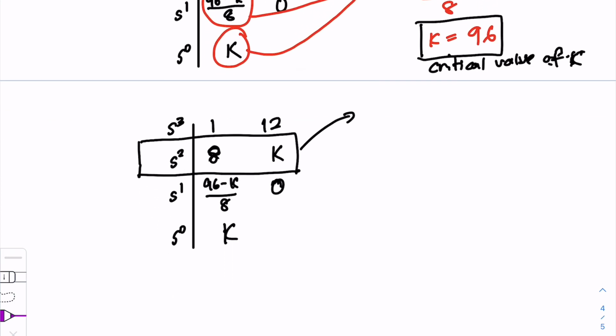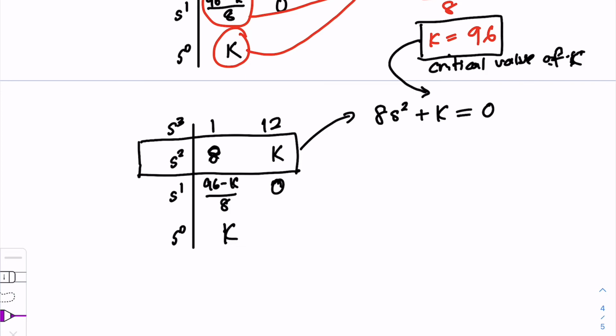I'm going to replace it in this S squared part. So in this S squared row, I can write it as 8S squared plus K, because the coefficient of S is 0, isn't it? So I have 8S squared plus K, I equate that with 0, and then I can substitute the magnitude of K equals 96 into this equation.